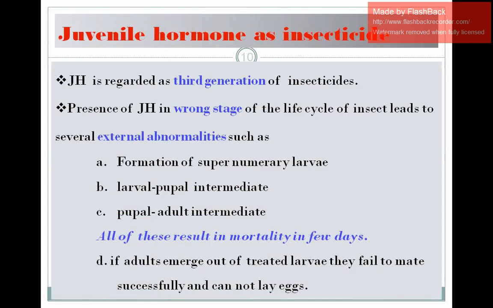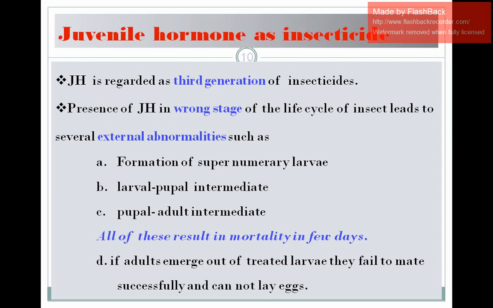Now let's discuss juvenile hormone as an insecticide. Juvenile hormone, which is an endocrine secretion, that is, it remains inside the body, is considered as the third generation of insecticide. We have already seen how juvenile hormone regulates the life cycle of an insect.